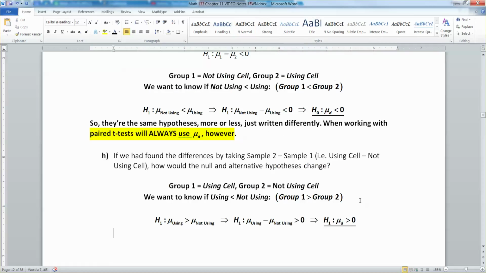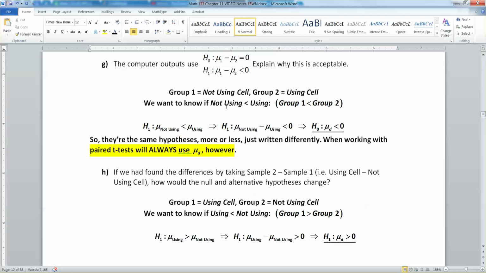Sorry, before I go grab anything else, I just want to clarify. The change is right here. The old one had group 1 as the not using cell phone group right here. So group 1 is not using cell phone. Let me grab the green or something. And this one, because it does using cell in front, it's making it so that the using cell phone group is group 1. I should reverse that, sorry.